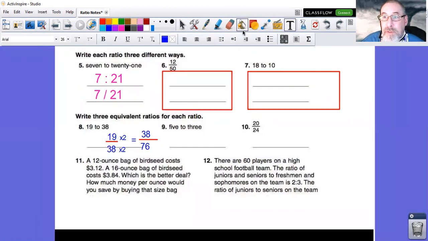I can also divide. So if I simplified that, 19 is a prime number, but 19 does go into 38, as we can see.